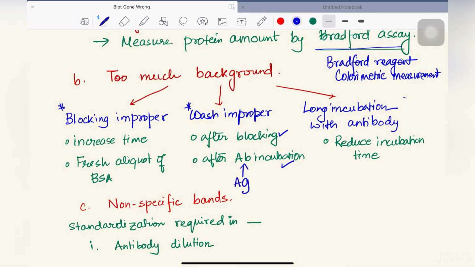That is why the wash should be done properly. Also, wash after you incubate with primary and secondary antibodies, so that there is no excess antibody remaining on the blot.